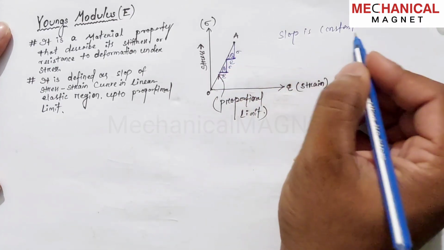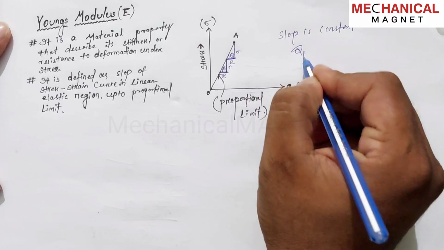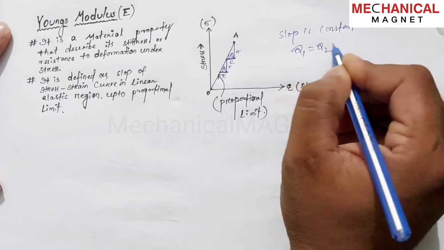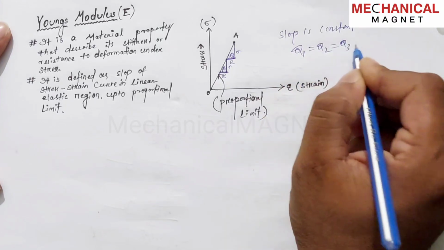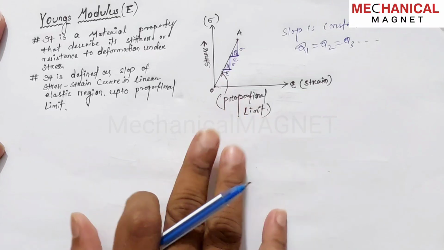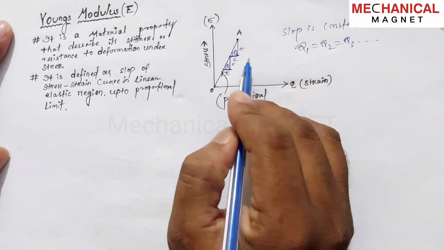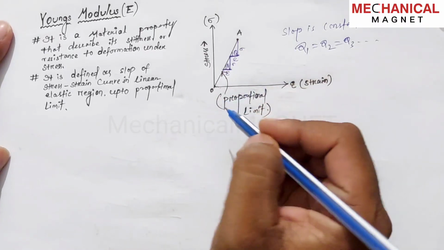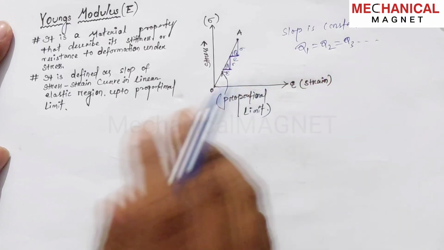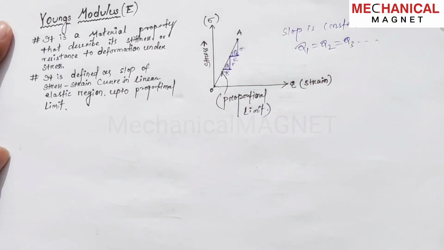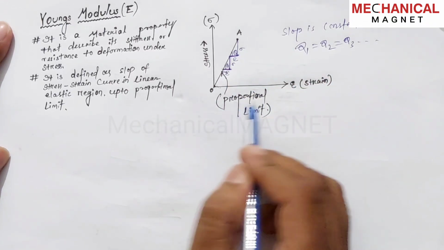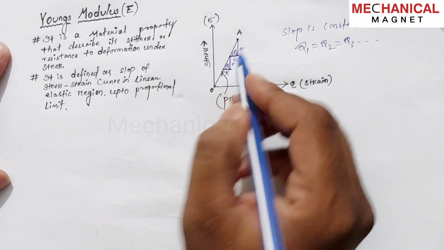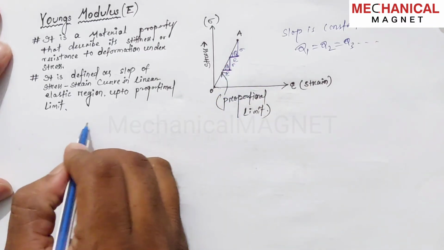So the slope is constant, means the angle theta 1 is equal to theta 2 is equal to theta 3 and so on. So if the slope is constant, then we can say this O to A behaves as a linear behavior, or we can say that is the proportional limit. I will draw this pattern here.